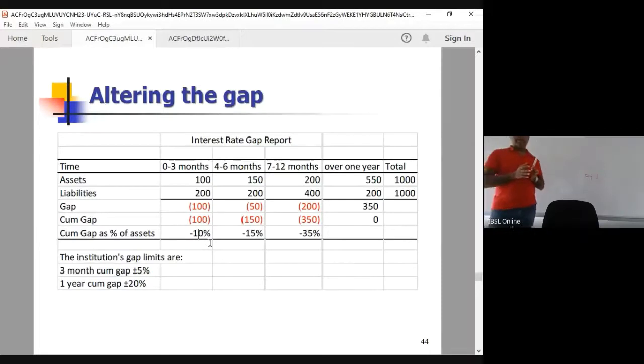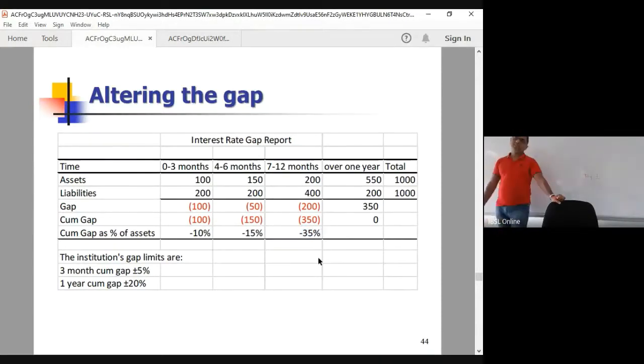In your 4 to 6 month bucket, you have 15%. And then in your 7 to 12 months against total assets, you have a 35% negative gap, right? So now, what are you trying to get at here?